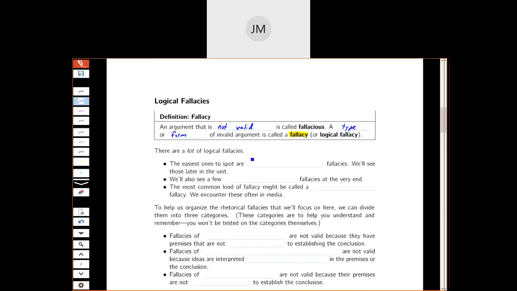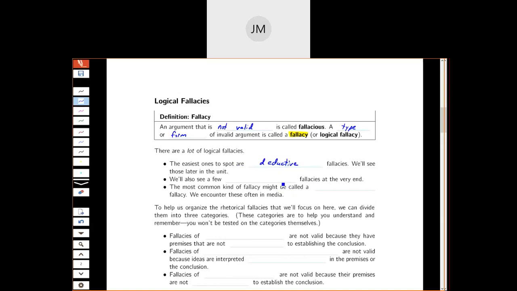Okay, so the easiest fallacies to spot are when we're using deductive logic, because in deductive logic everything is very straightforward, right? The conclusion must follow, it's guaranteed from the premises. So if there's any case where that doesn't happen, it's obviously wrong. Okay, so the easiest ones to spot are when we're using deductive logic, and we'll look at those later.